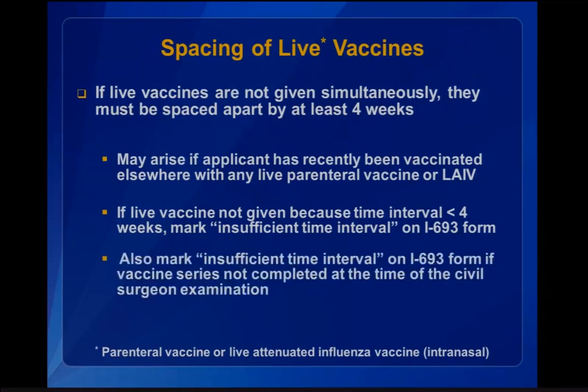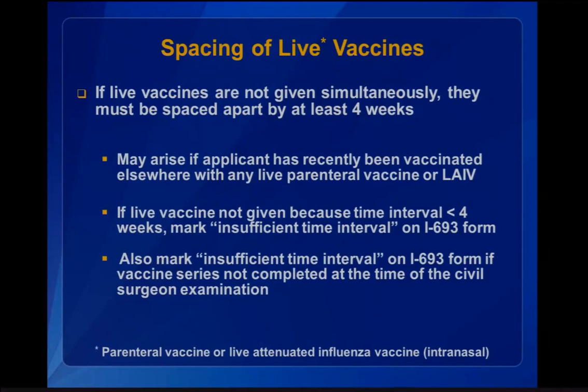The other time you would mark insufficient time interval on the form is if the vaccine series is not completed at the time of the civil surgeon exam. That's going to come up if you have somebody who didn't receive any of that vaccine previously, and you're giving them 1 dose, because 1 dose is all that's required when there's a series of vaccine.